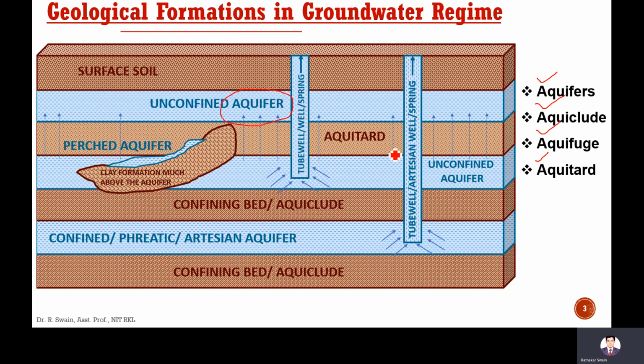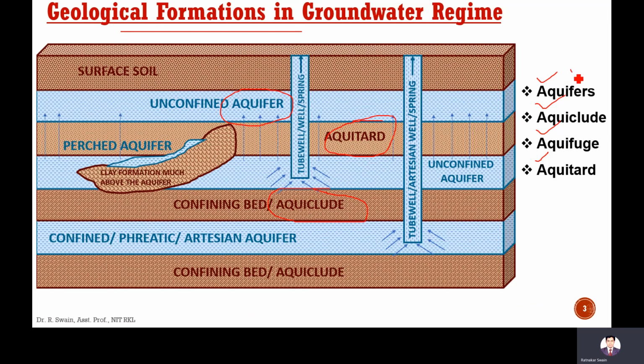Aquitard is a geological formation which is nothing but rocks. We cannot draw water. There will be little water, but that cannot be withdrawn. Yield will be 0.